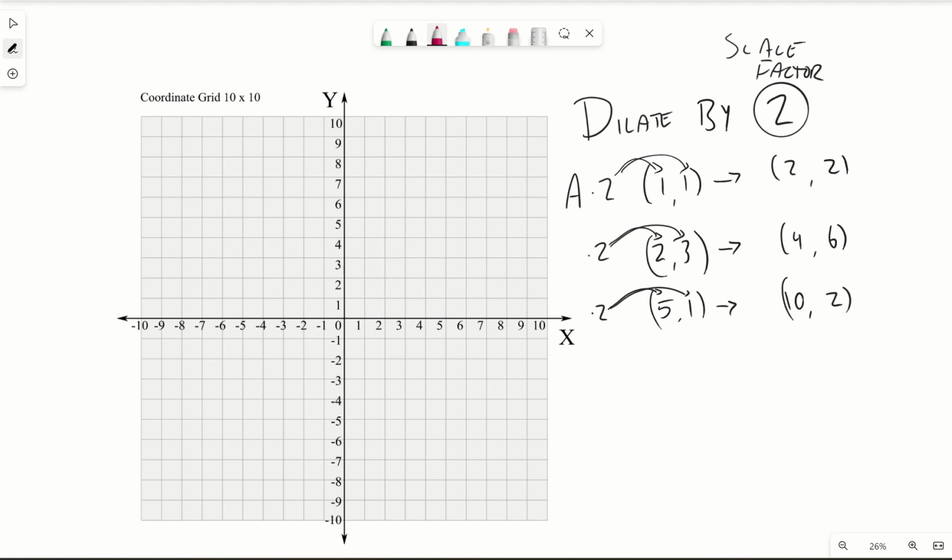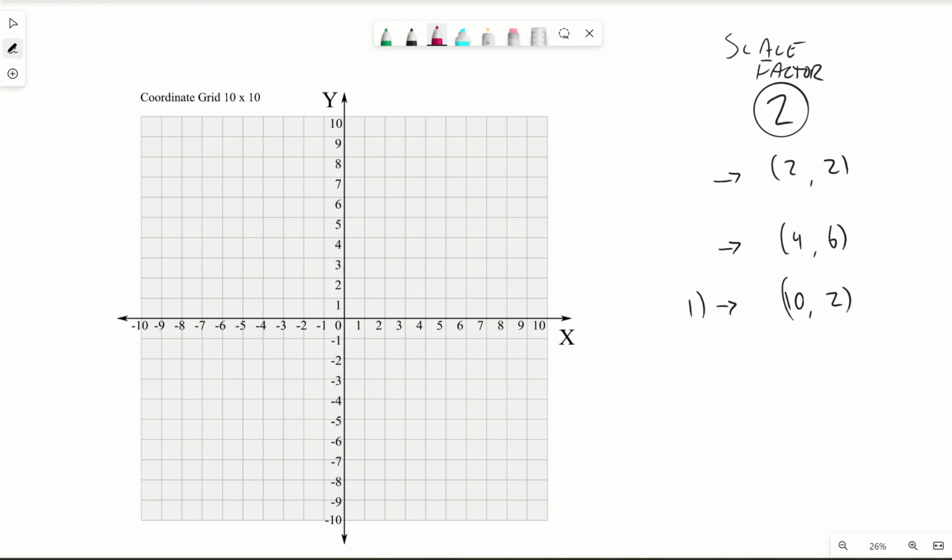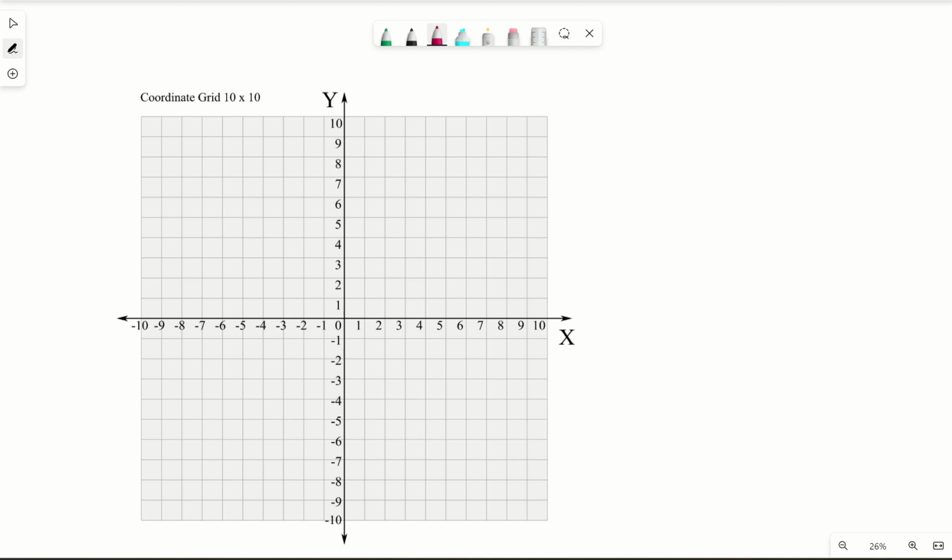So I'm just going to do a point and have you dilate one point for me. I have the point 3, 9. And I want to dilate this point by a scale factor of 2/3.